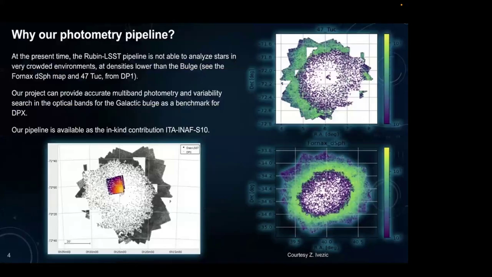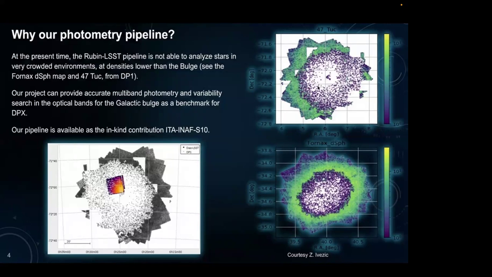At the beginning, I should say that at present we know the Rubin LSST pipeline is not able to analyze the stars in very crowded fields. For example, in these 2 images you see 47 Tucanae and Fornax from the DP1 catalog. In the crowded field, in the center of these 2 targets, the stars are not resolved and the pipeline was not successful in analyzing the stars in this area.